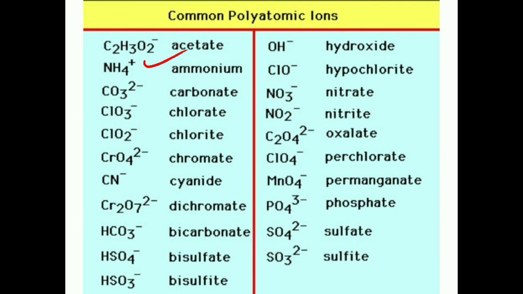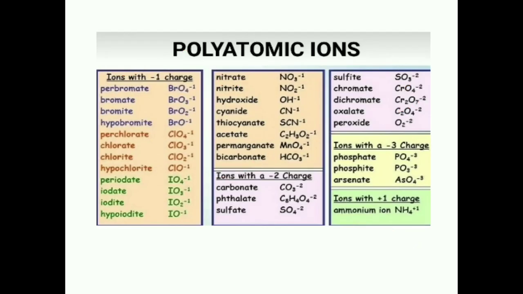So it contains two elements, but it has lost some electron, so it is NH4+. So it is the ammonium ion, and it is a polyatomic ion. Similarly, we have the carbonate, cyanide ions, bisulfide ions, nitrate, nitrite ions, but these are all polyatomic ions. Similarly, you can check here the list of polyatomic ions.